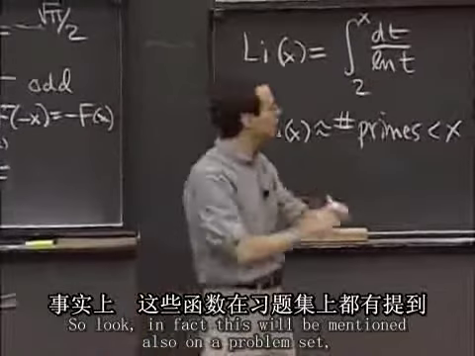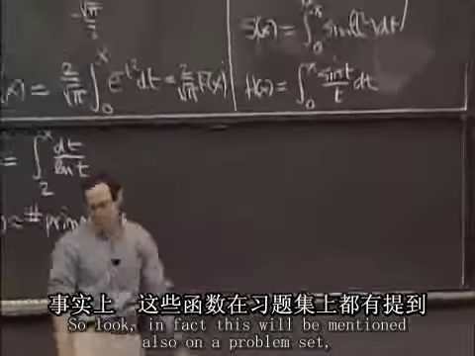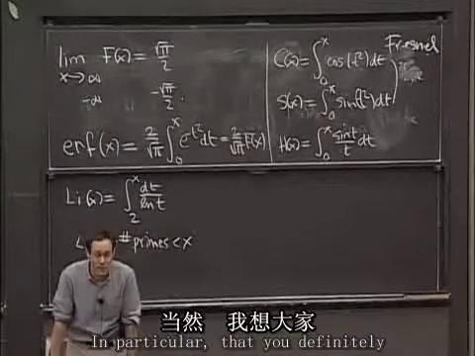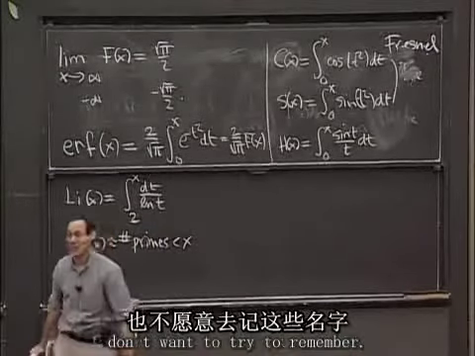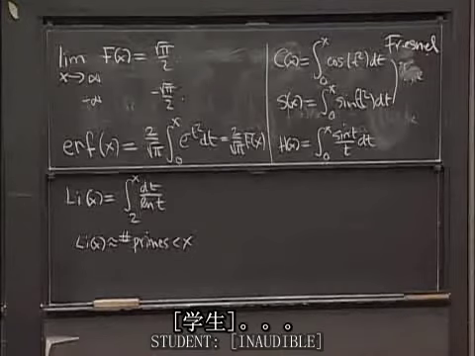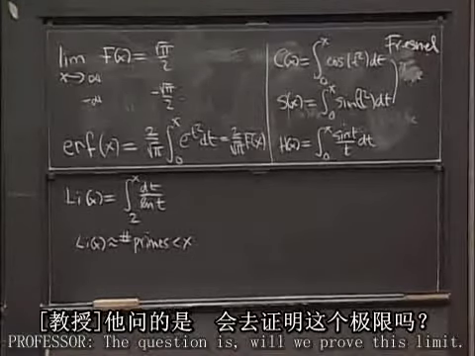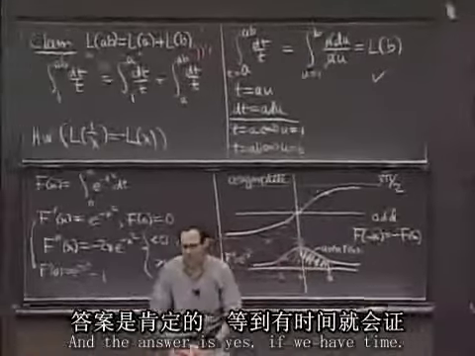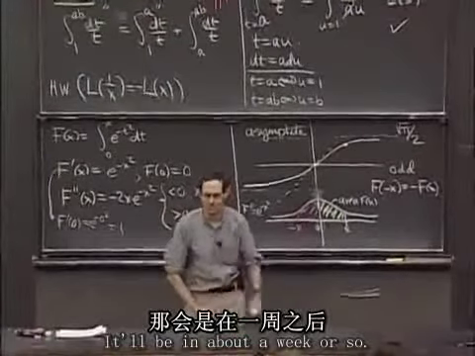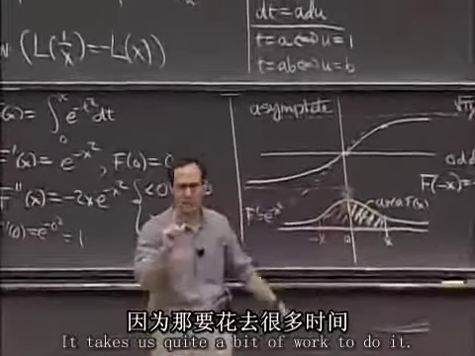In fact, this will be mentioned also on a problem set, but I don't expect you to remember these names in particular. You definitely don't want to try to remember that. Yes, another question. The question is, will we prove this limit? And the answer is yes, if we have time. It'll be in about a week or so. We're not going to do it now. It takes us quite a bit of work to do it.